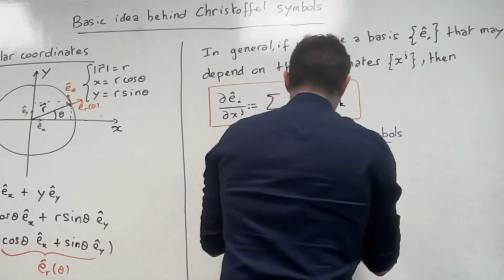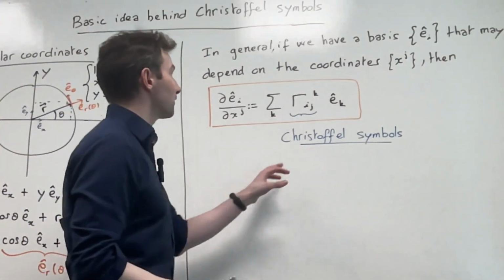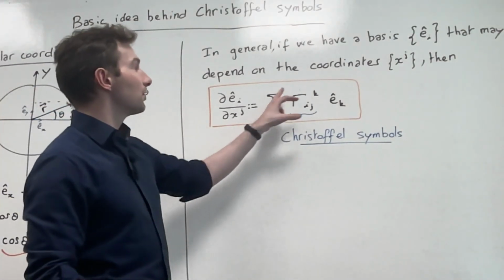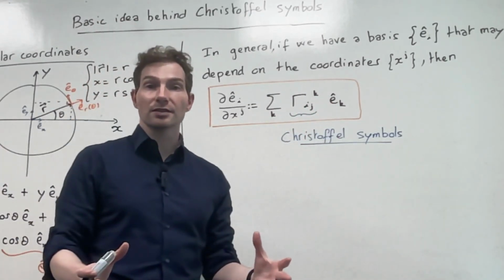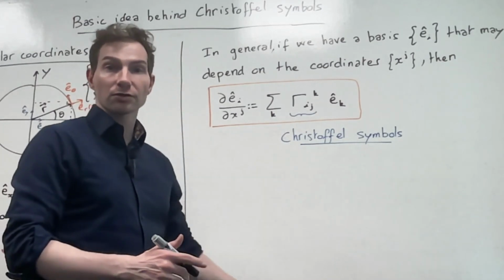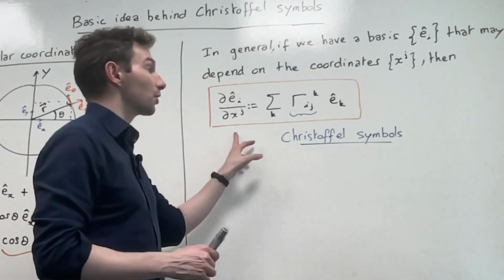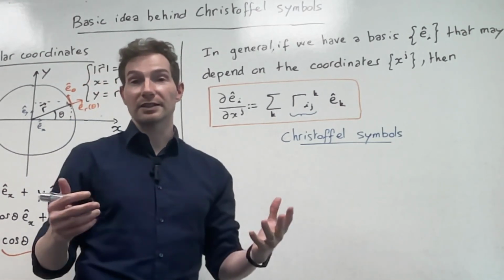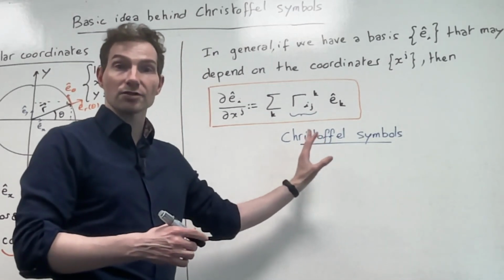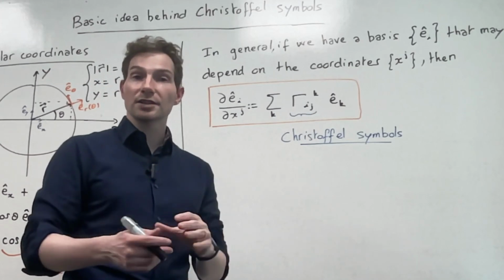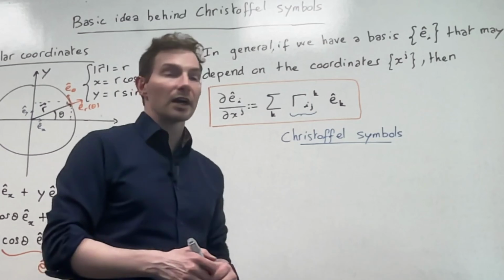Okay. Now, what I want to do, and that's just basically to clarify things, is just to show you that although this looks kind of very esoteric, actually we can figure out these things fairly easily. And I just want to give two applications. The first one is to find out the Christoffel symbols for basically the Cartesian basis, and then look at the same for the polar basis and see kind of how that goes.